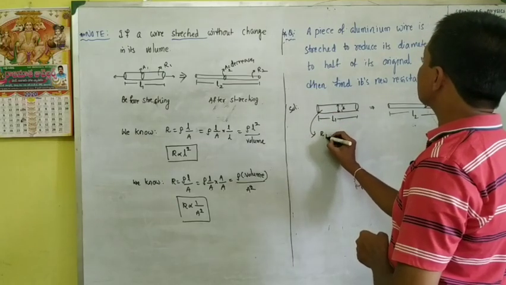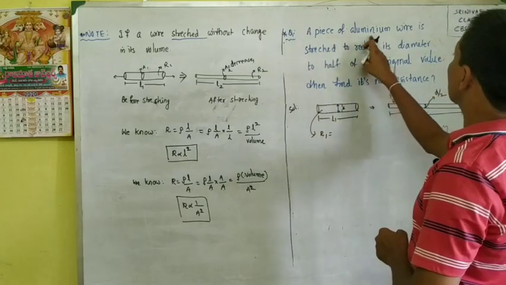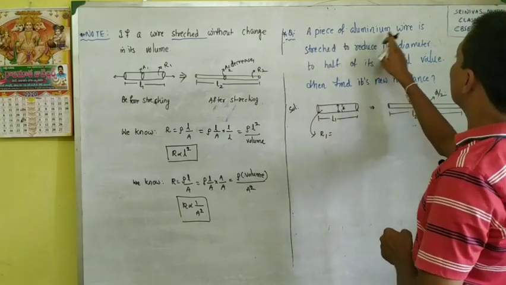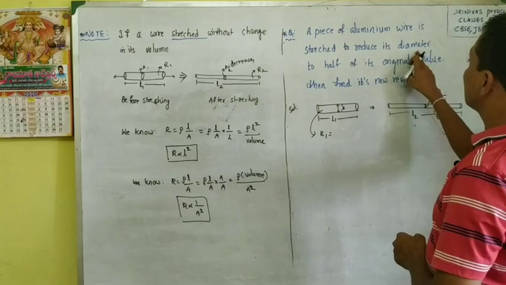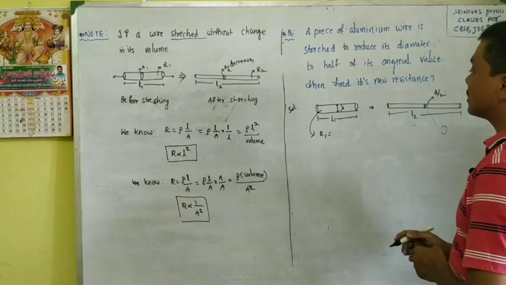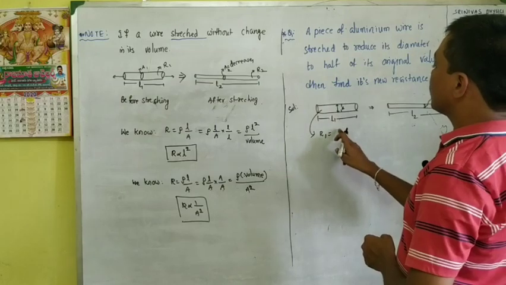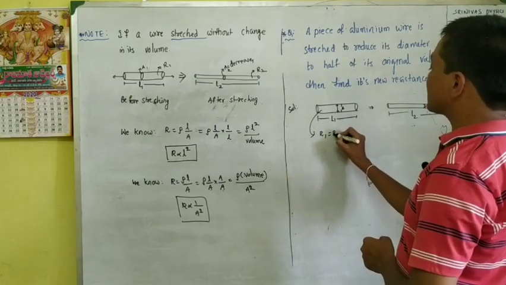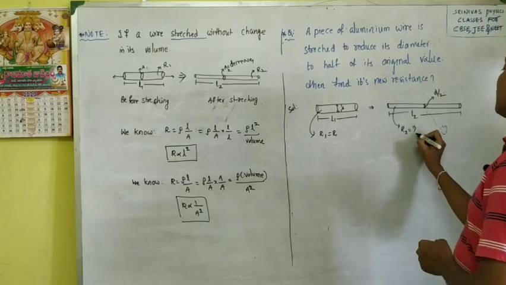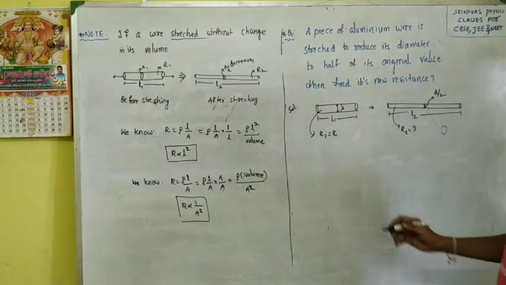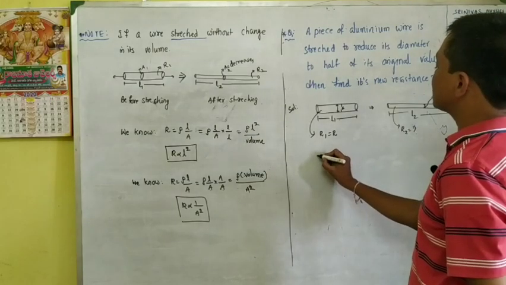And its initial resistance they gave. For example, the original resistance we can consider as R. What is the new resistance? That is R2. What happens to the new resistance? Look at here, in this case we are stretching, right?